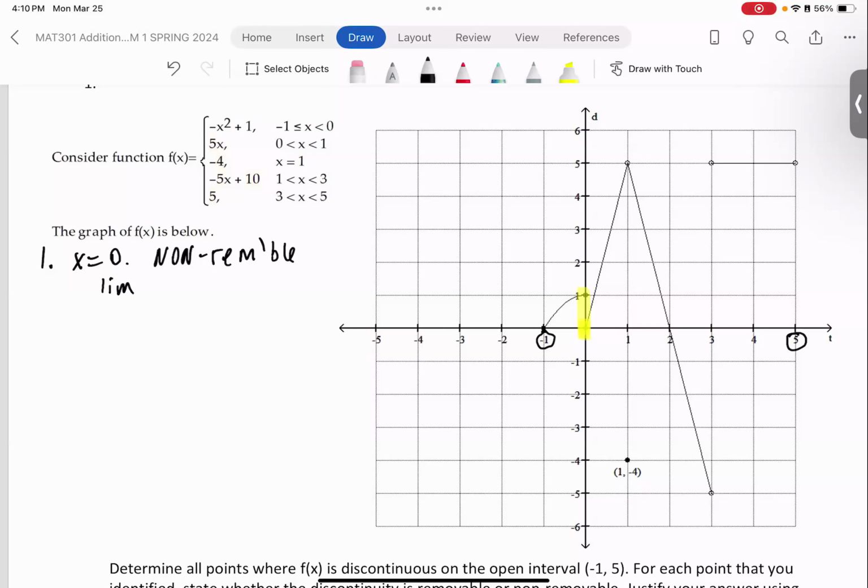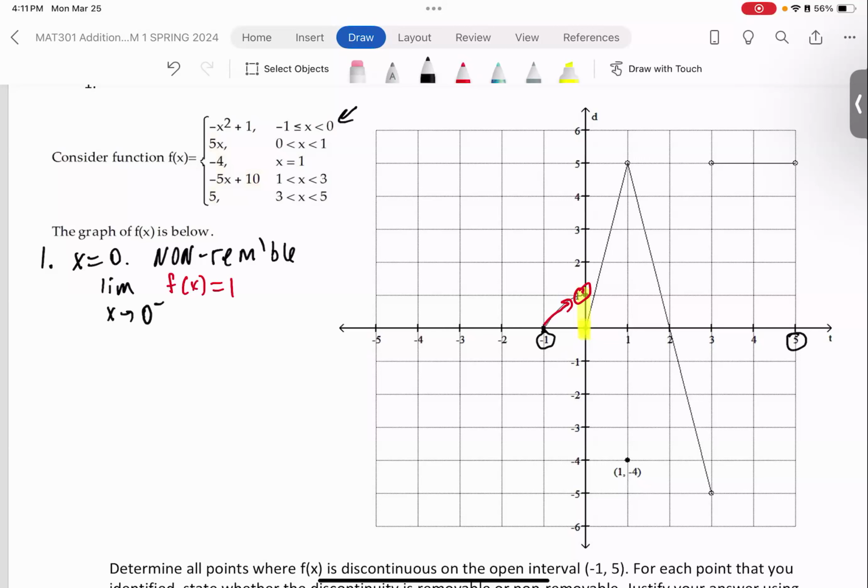Let's be even more specific. Since we're reviewing right now, if you go from the left, look at the picture and also connect it to the equation. Looking at the graph, as you're approaching from the left, where does the graph go? It goes to 1. Do you see it? So it equals 1. Do you see it in the equation, the way it's defined right here?